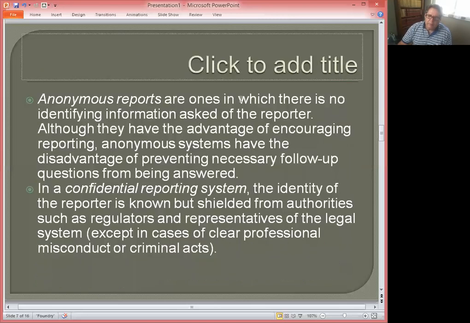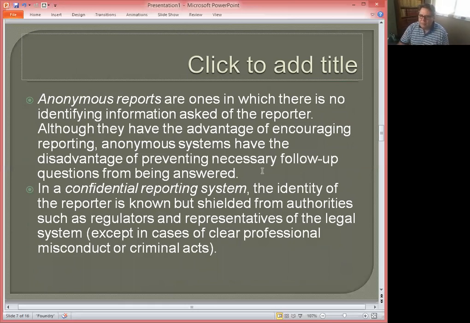Anonymous reports are ones in which there is no identifying information asked of the reporter. Although they have the advantage of encouraging reporting, anonymous systems also have the disadvantage that you can't follow up to make any further review or determination of actually what happened.